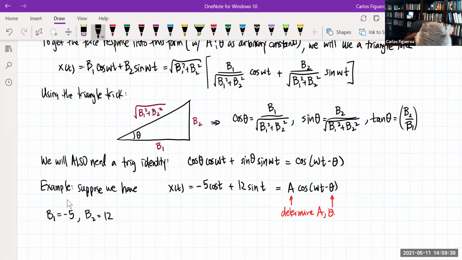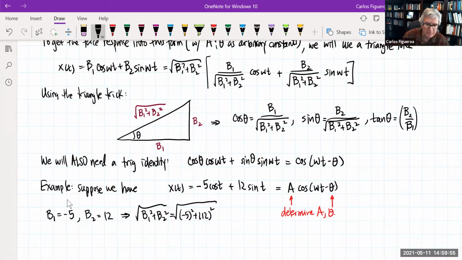So this immediately tells us that the square root of B1 squared plus B2 squared is the square root of minus 5 squared plus 12 squared, and I'm going to get a value of 13.